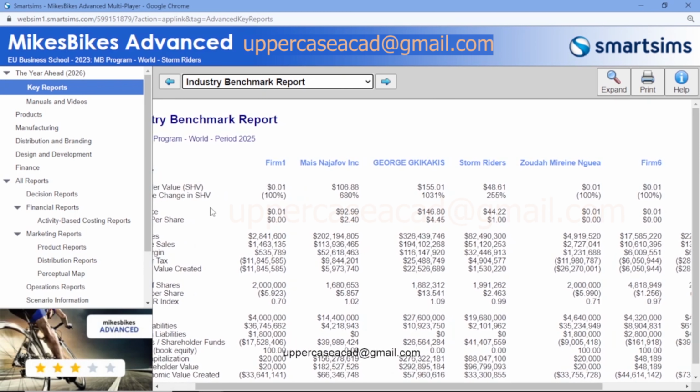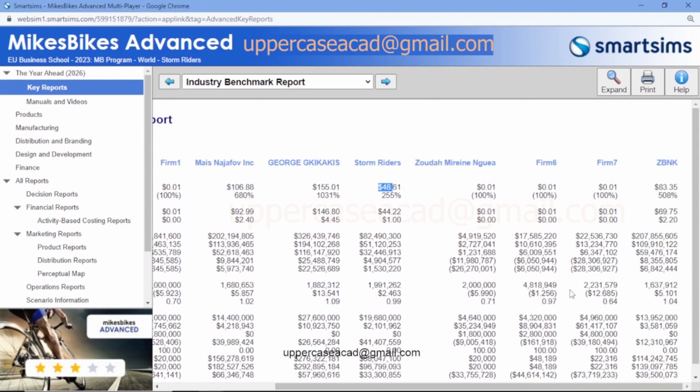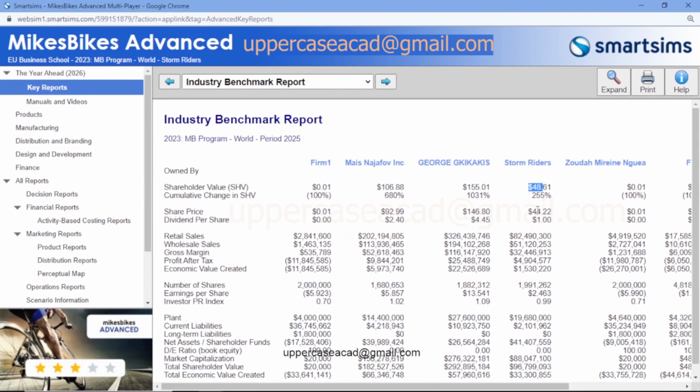Then the second firm had $106.88. This one had $155. Storm Riders had $48. Then we have ZBNK with $83. So you can compare how you are performing and how they are performing.